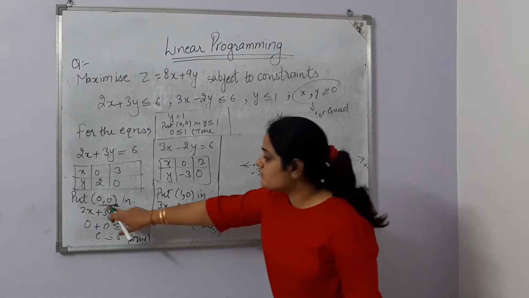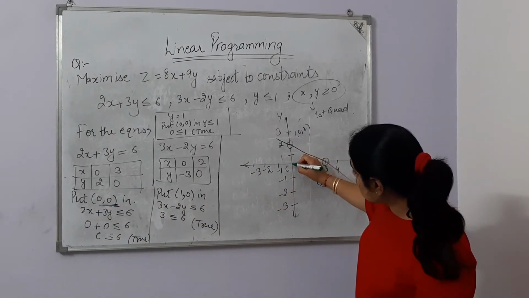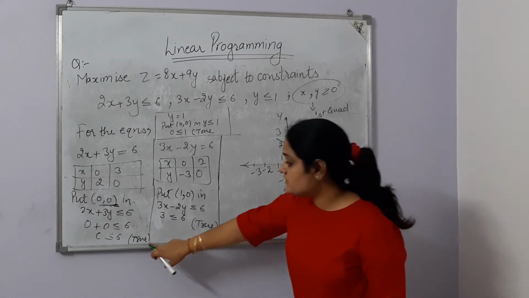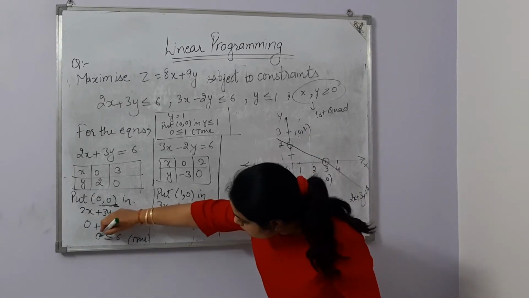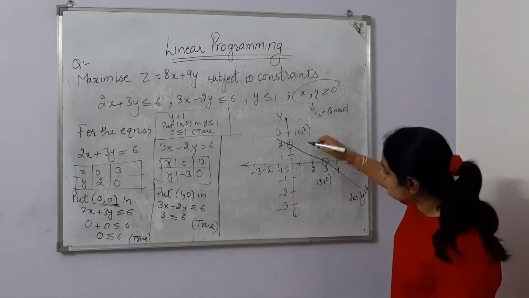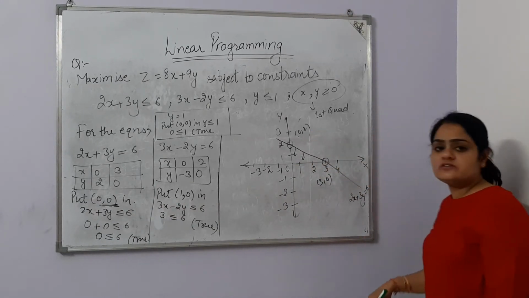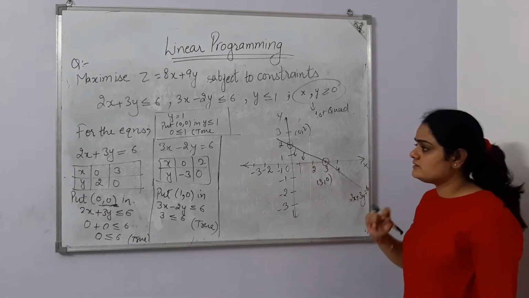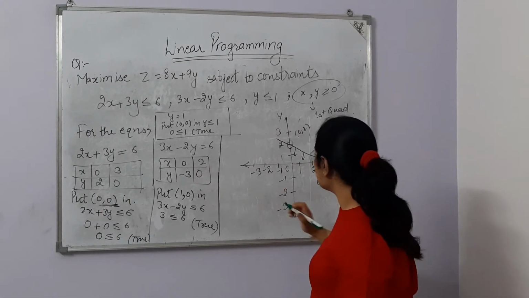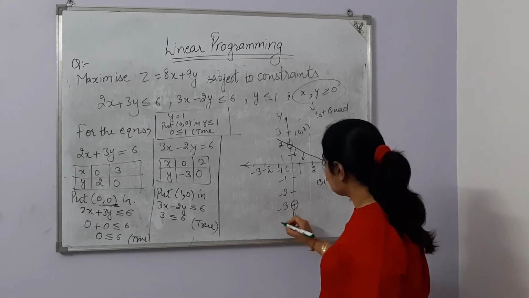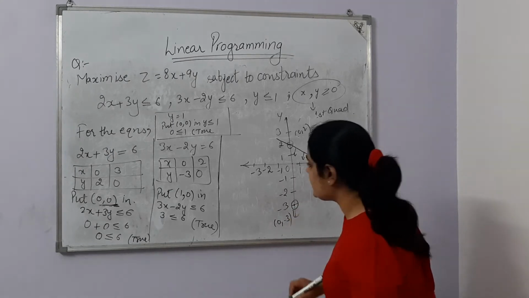We have substituted 0, 0. So the condition is true. A true condition says that the shading will be towards the origin, towards 0, 0. This side shading will be towards 0, 0. Another is 0, minus 3. This is your 0, minus 3.